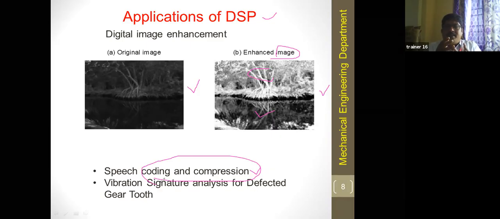Sometimes the pitch is high, sometimes the pitch is low. That means this speech may go through coding and compression to be made uniform. In railway stations or some other stations, the announcement is very, very good. First somebody gives the speech, and that speech goes for coding and compression. We can get the speech output in the correct way.